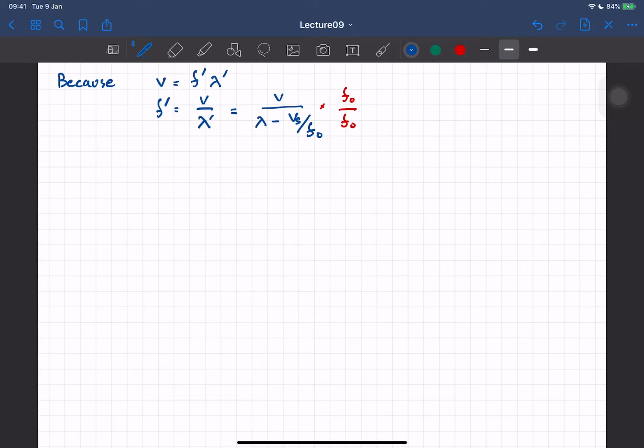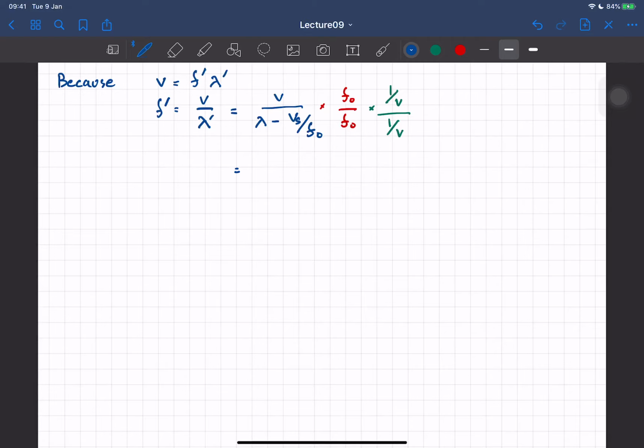I will also multiply by another factor of 1, but this time my 1 is 1 over v, the speed of sound, divided by 1 over v, like this. You can see that in the end a few factors cancel out, and I leave it as an exercise for you to confirm that what I'm writing next is correct.